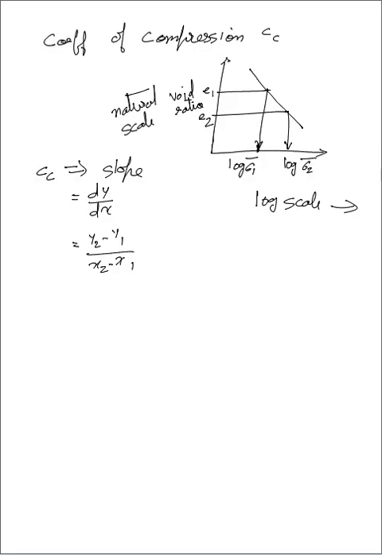So it is basically e1 minus e2 divided by x2 minus x1, that is log sigma 2 bar to the base 10 minus log sigma 1 bar to the base 10. So graphically I have shown you what is the coefficient of compression Cc.